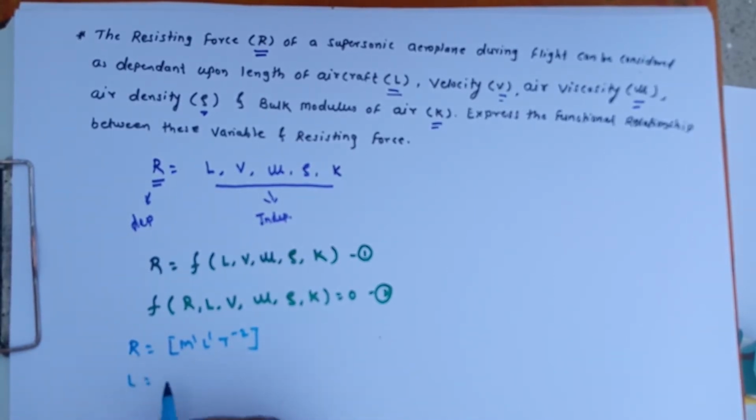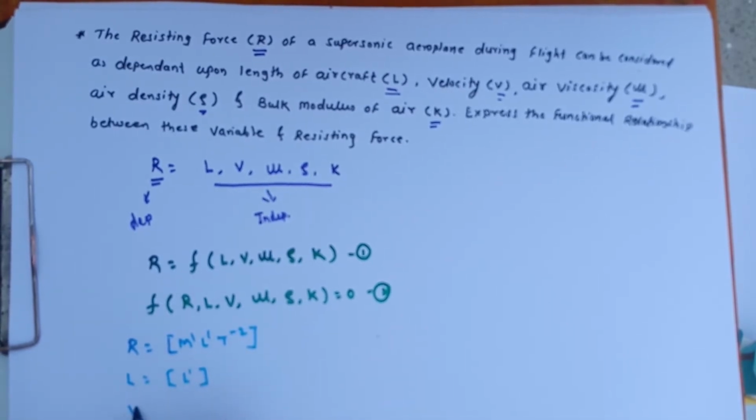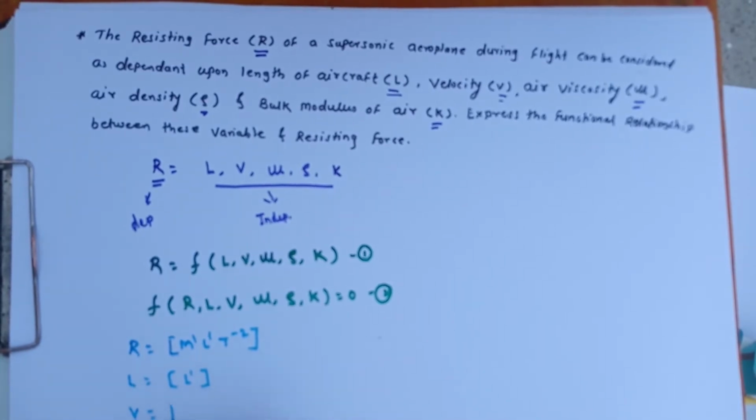L is length having unit meter, so the fundamental dimension is L raised to 1. V is velocity, meter per second, so L raised to 1, T raised to minus 1.